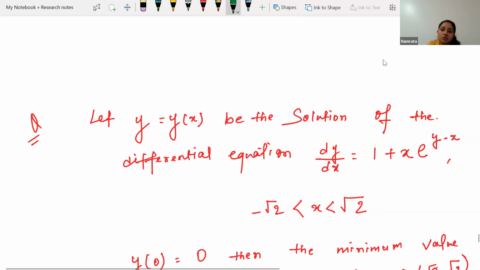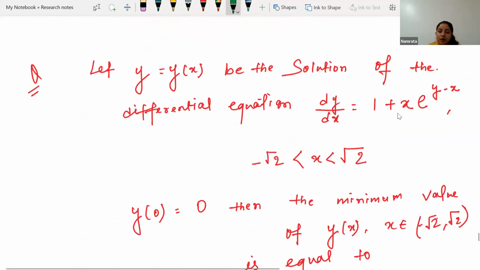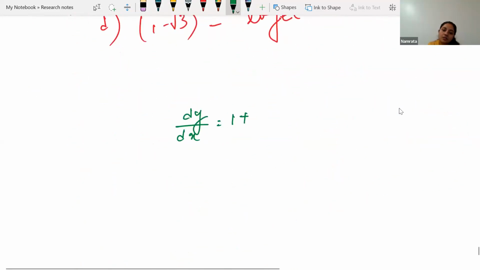So dy by dx is equal to 1 plus x e to the power y minus x. If we take this y minus x substitution as t, so that it will be e to the power t, we will be converting this dy by dx also.